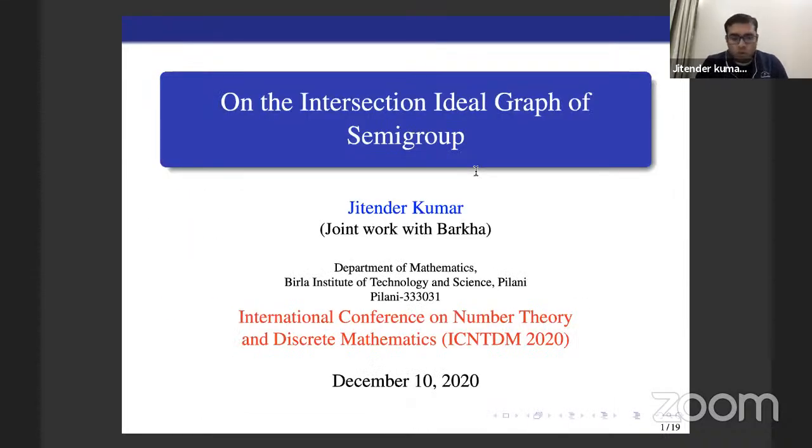Okay, so good afternoon, all of you. We have studied this intersection ideal graph of semigroups. The motivation behind choosing this graph is that nowadays various graphs are constructed through algebraic structures, and there are various works related to graphs over ring structures, module structures, and group structures. So we became motivated, since we are working in semigroup theory, to construct this graph and see what kind of interaction there is between the graph theoretic properties and the algebraic properties of semigroups.